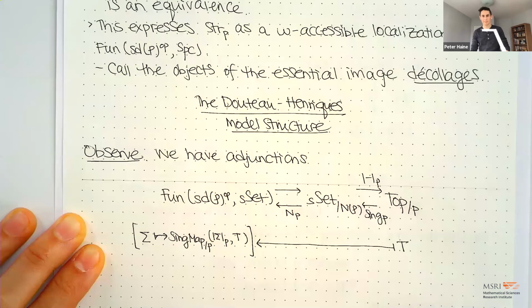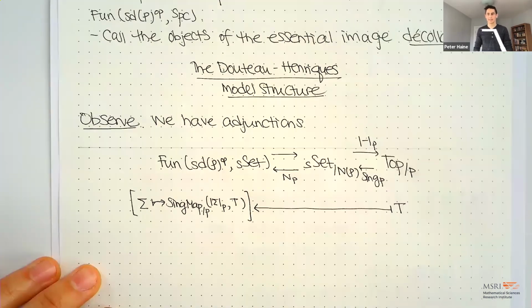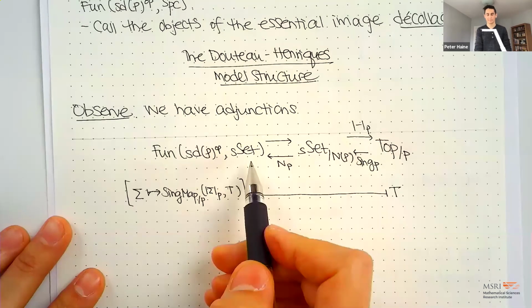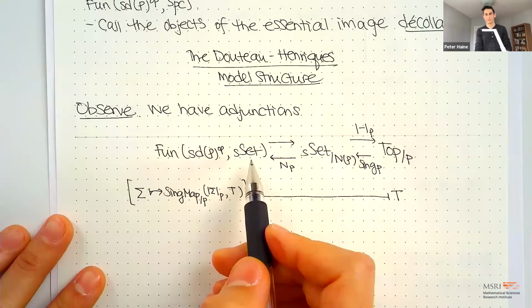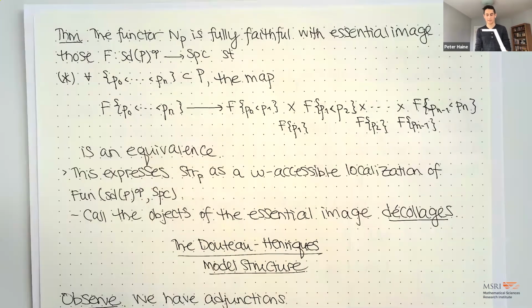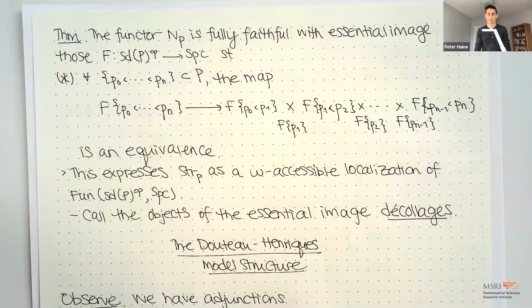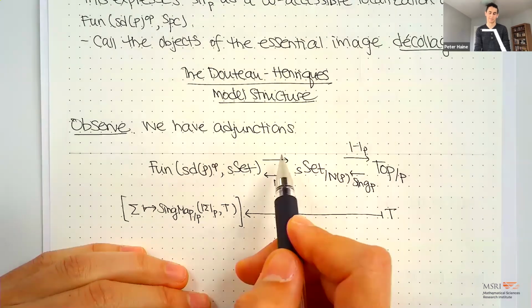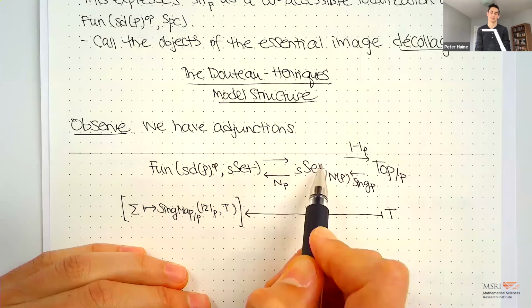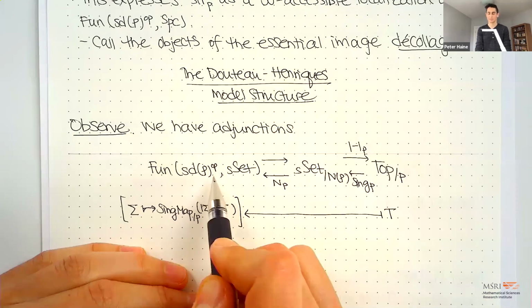The game that you want to play is you have the projective model structure on here. This isn't what you want in the end because you want to enforce the Segal condition, but maybe you can first just transfer that over here, and then the above result shows that you can promote this to an equivalence between this Joyal-Kan model structure and a localization of the projective model structure here.